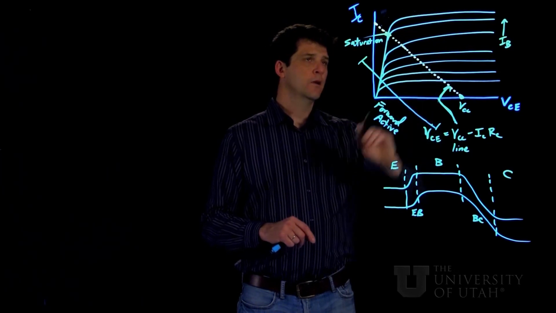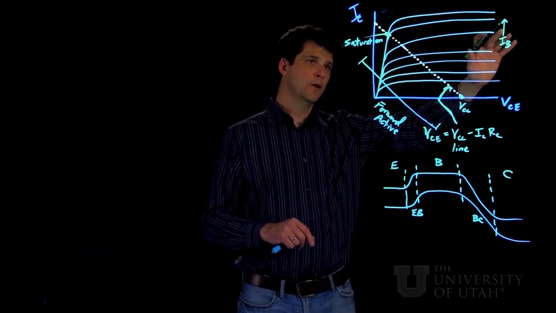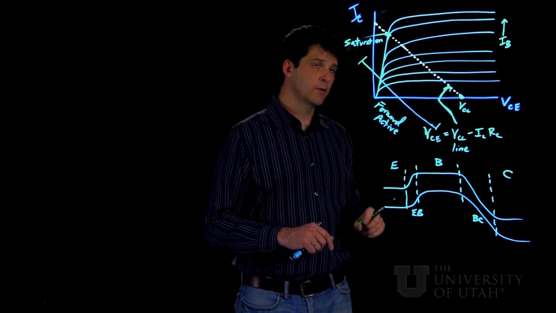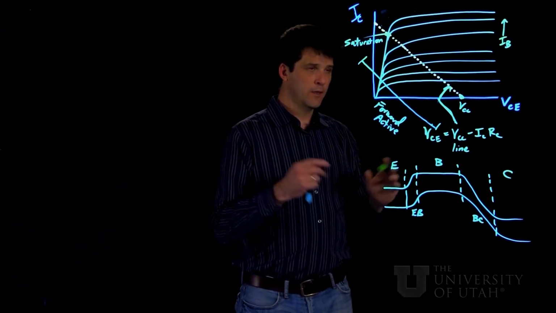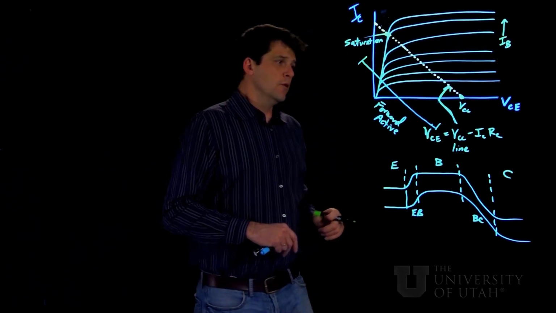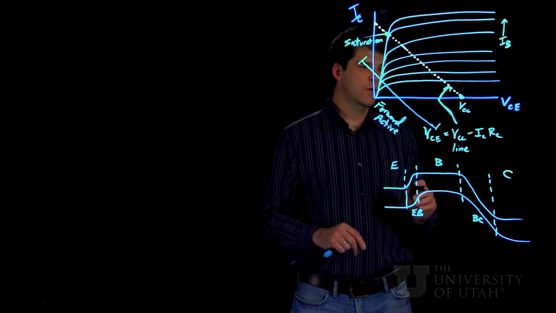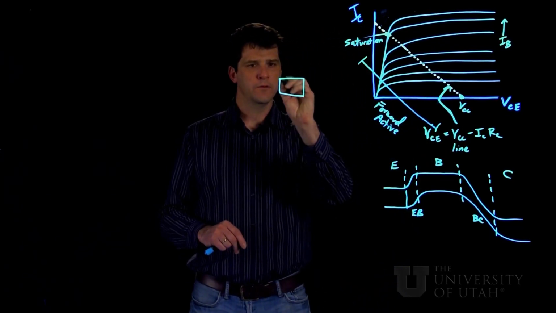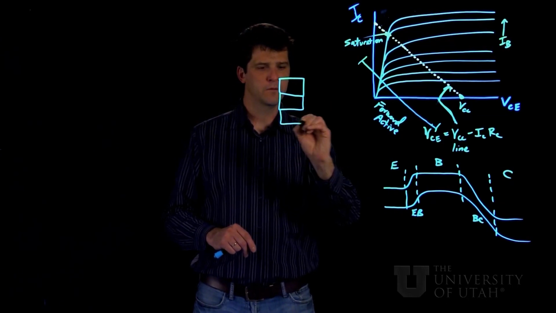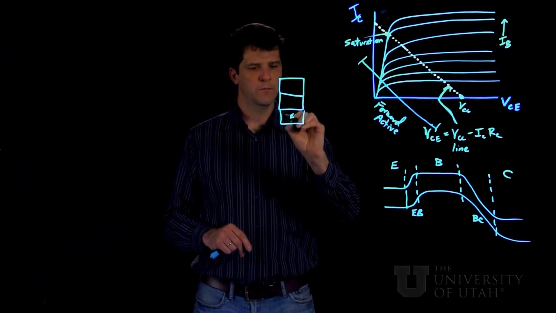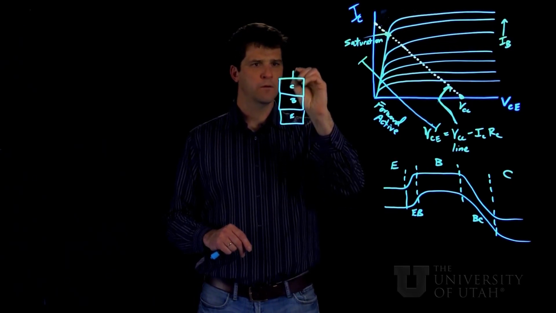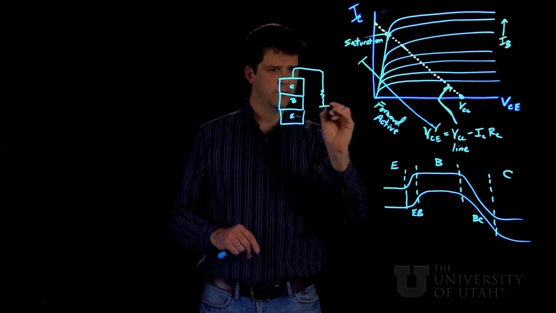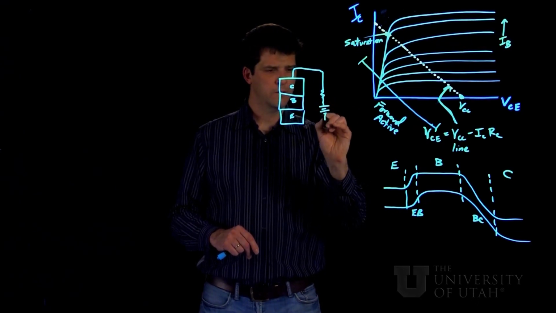This familiar linear increase followed by roll-off types of curves that we see for any kind of transistor. So what we can do is go around the Kirchhoff's voltage loop, and here's our emitter base collector, and I'll just remind us what this looks like here.